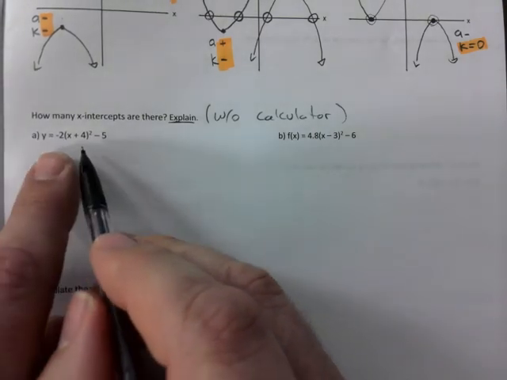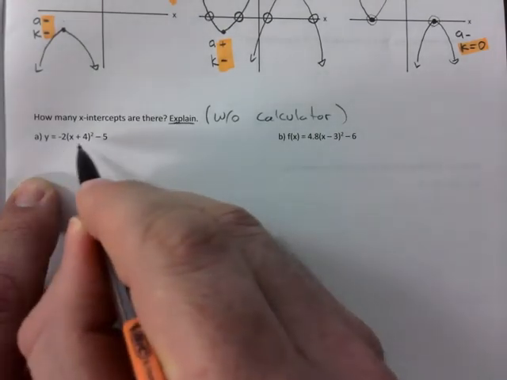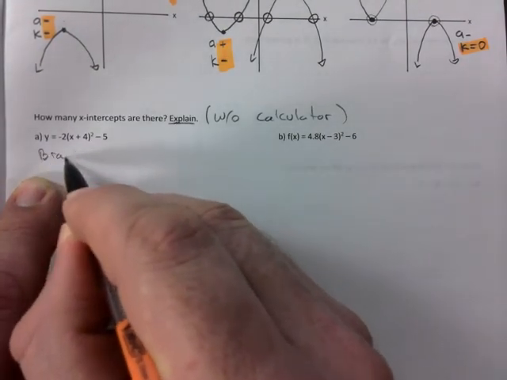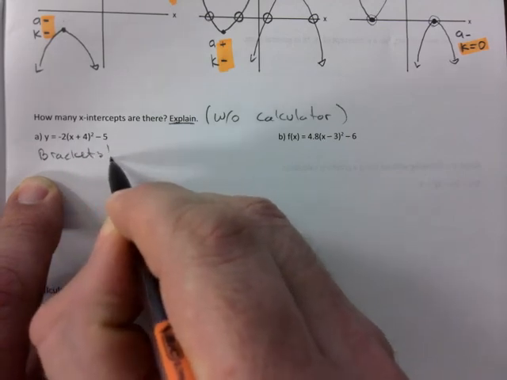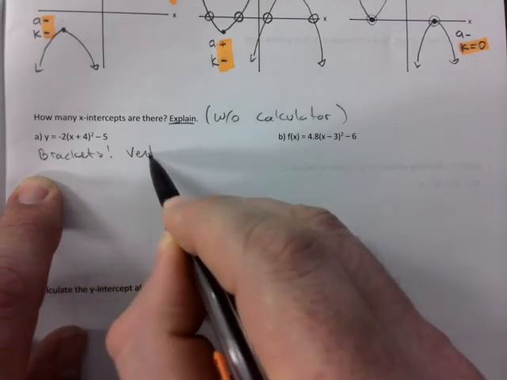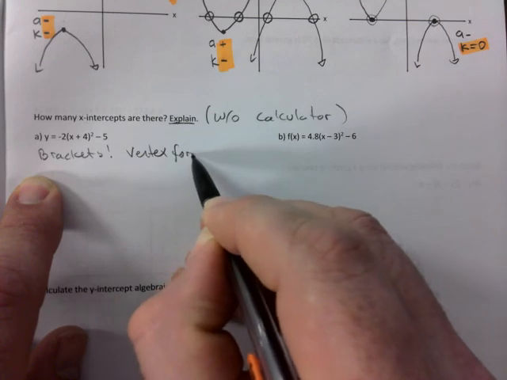So in this case, you notice it's vertex form, right? Brackets, vertex form in this case.